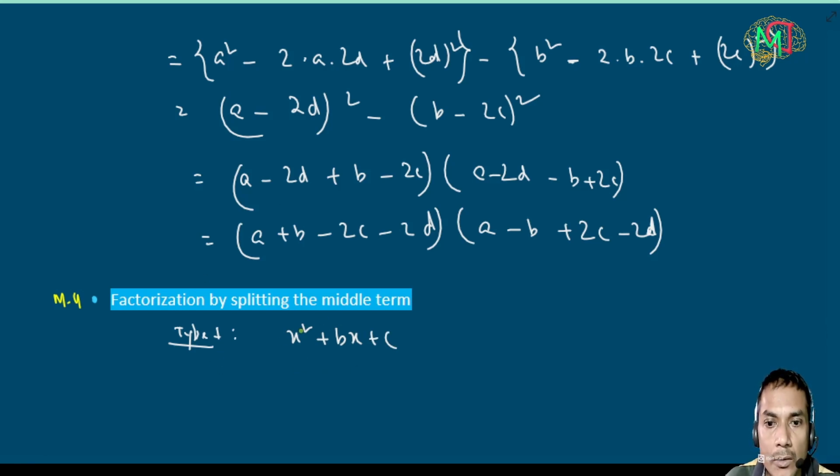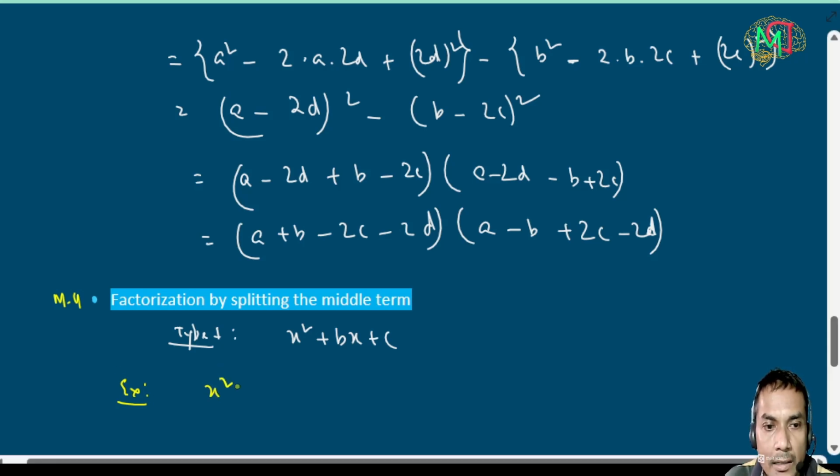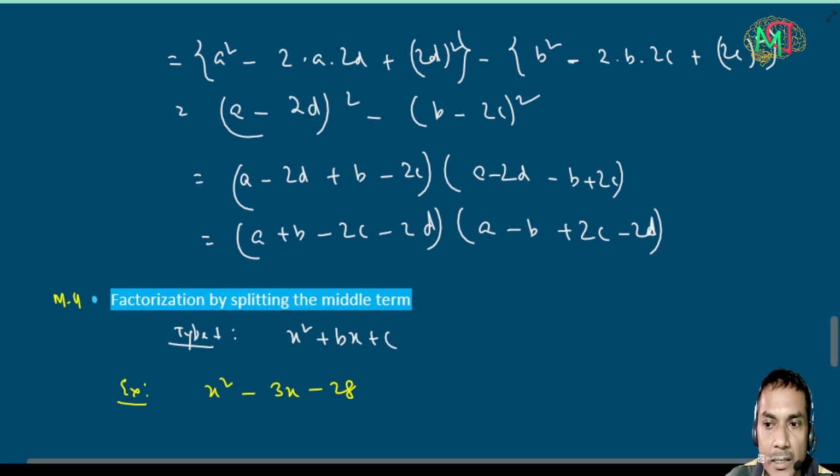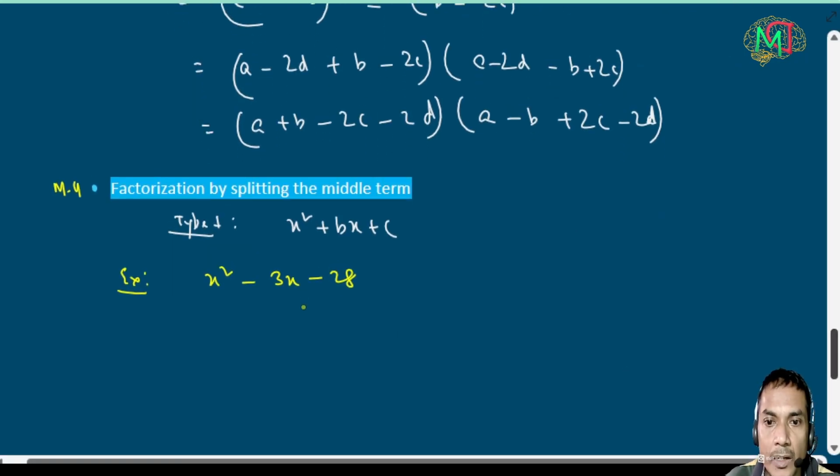let's take one example, that is x square minus 3x minus 28. How can you do that? Here we just split.